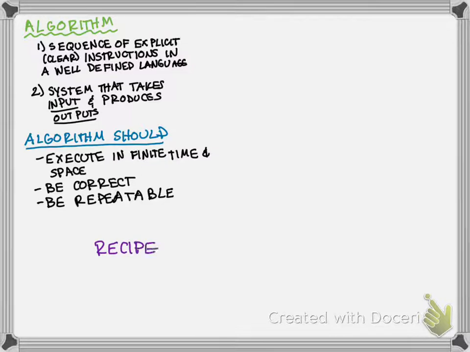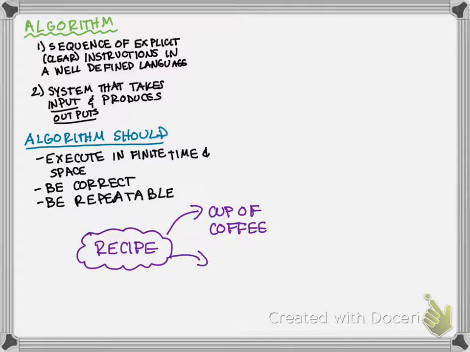Sometimes it's helpful to think about algorithms as a recipe. For example, if you have already watched my intro video, perhaps you could have a recipe for making a cup of coffee, or maybe the recipe is for how to roast the beans to get to a certain level of darkness that you like in your coffee.